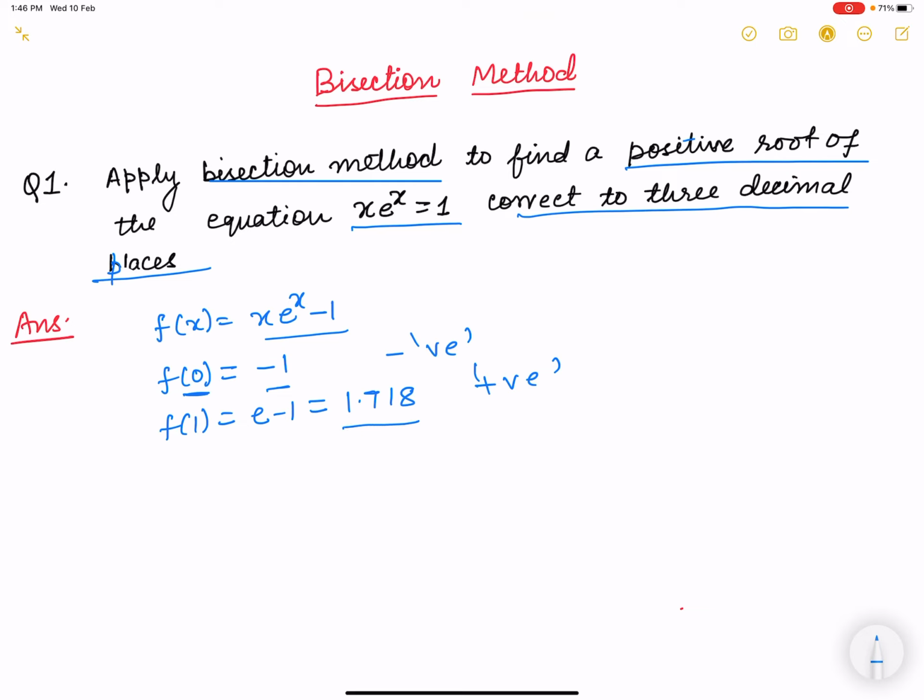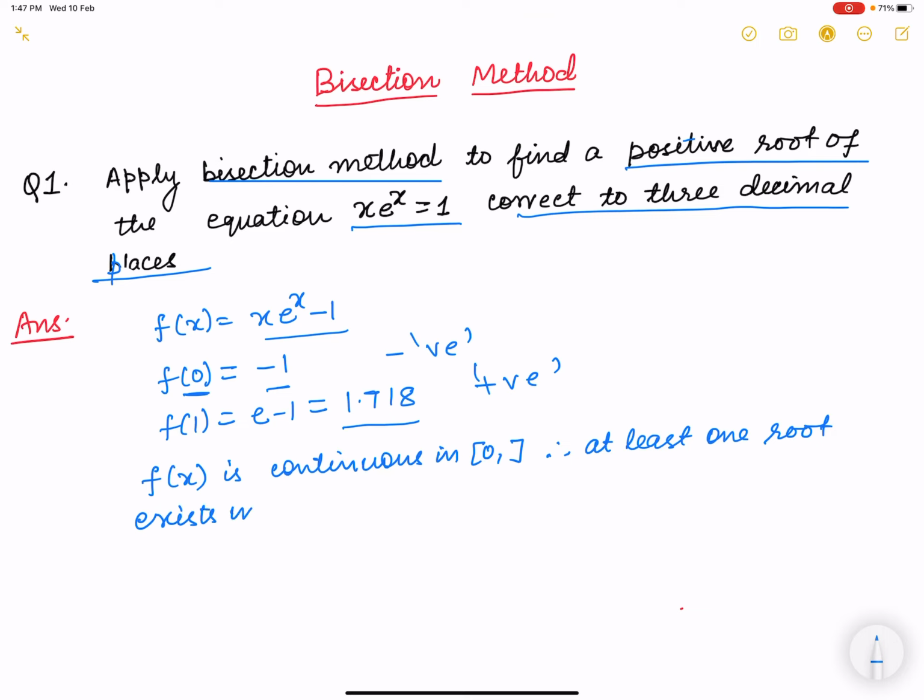So this ensures that the root lies between 0 and 1 because f(x) is continuous in [0, 1]. Therefore, at least one root exists in this interval [0, 1].